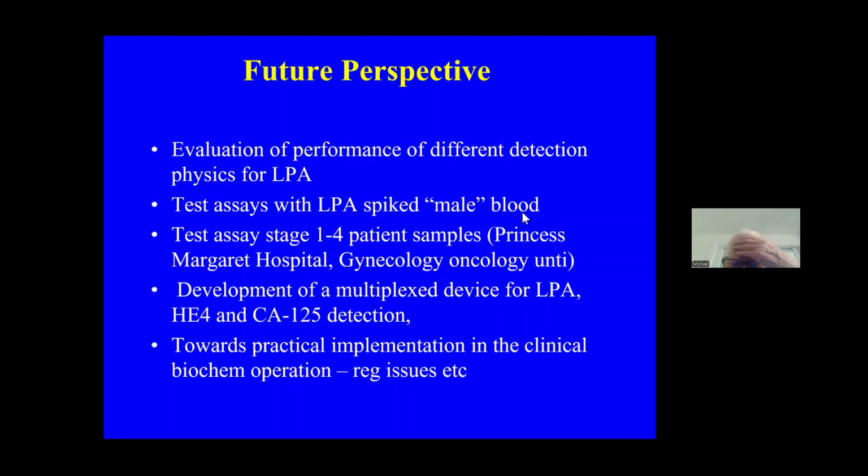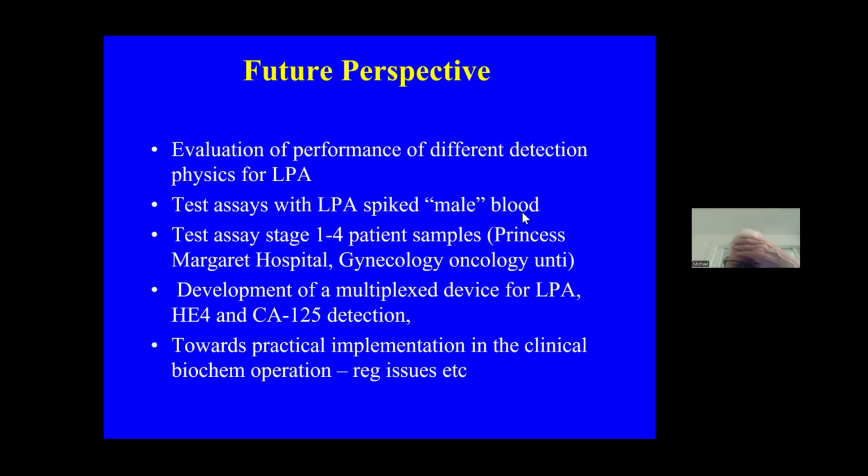At the local hospital here, the Princess Margaret Hospital, they have a very sizable gynecology research unit. Most of the people there are professors at our university as well, in surgery and in gynecology.